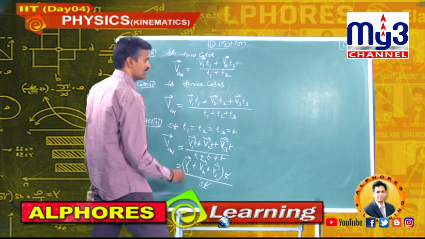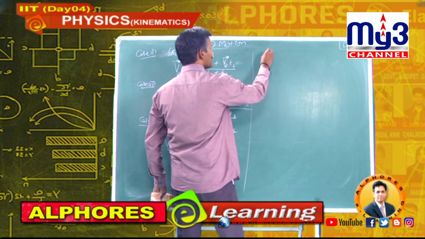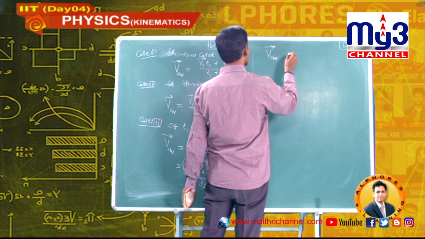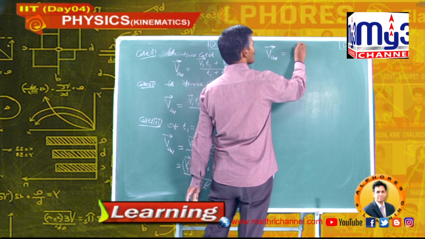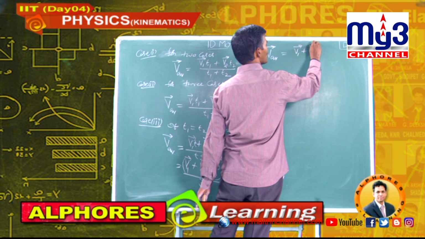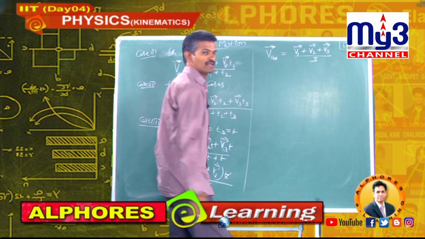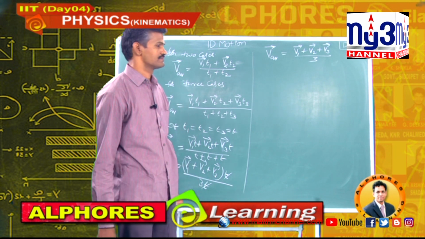T gets cancelled, then the average velocity V average bar becomes V1 bar plus V2 bar plus V3 bar by 3.